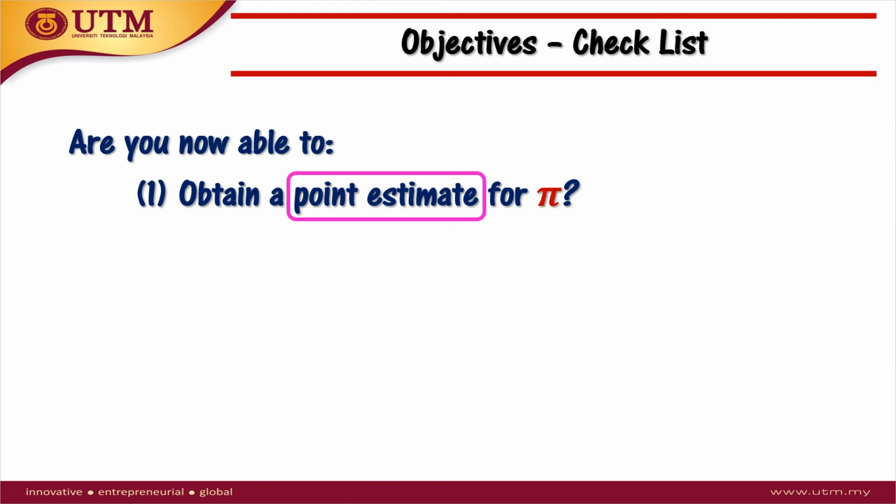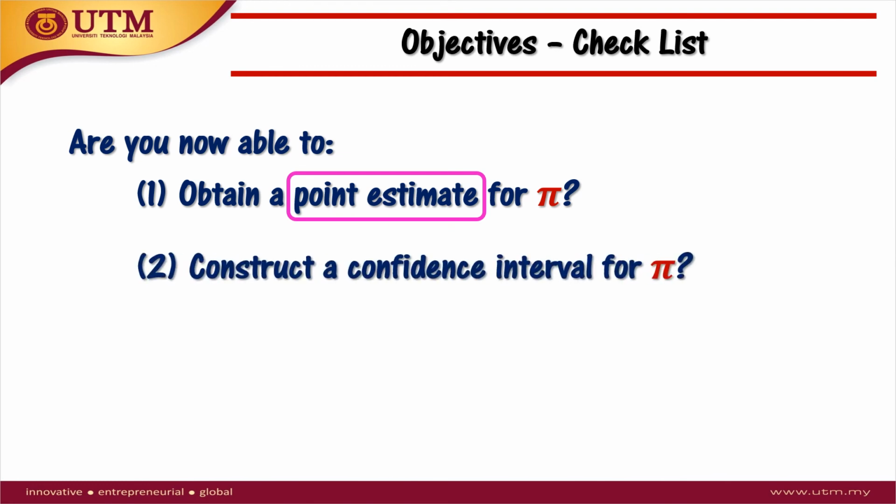What about the second objective? Are you now able to construct a confidence interval for the proportion of success denoted by pi? Remember, we only have one case in constructing the confidence interval for pi, which involves Z alpha over 2 only.